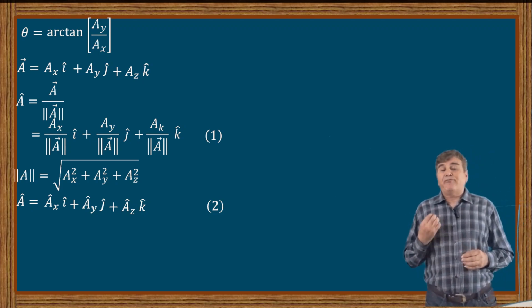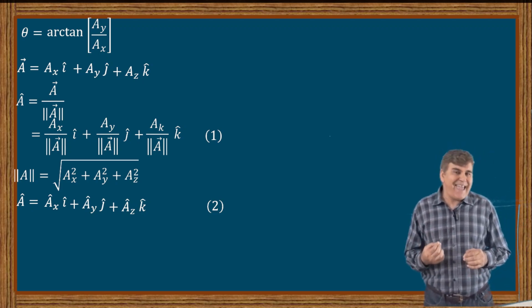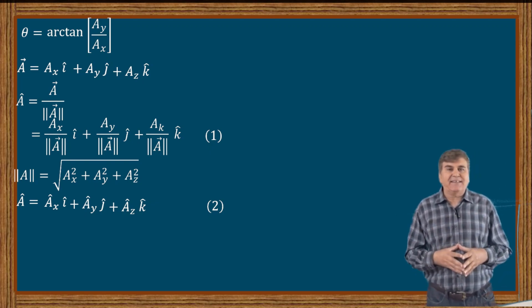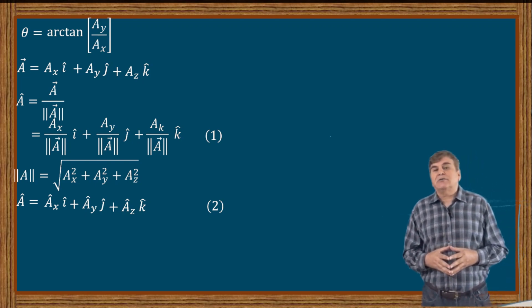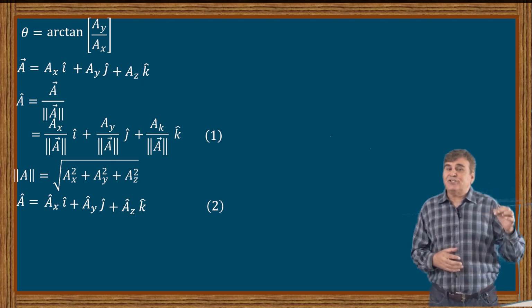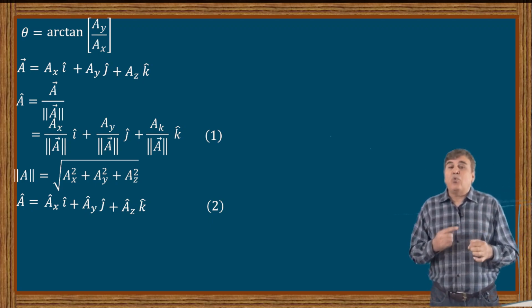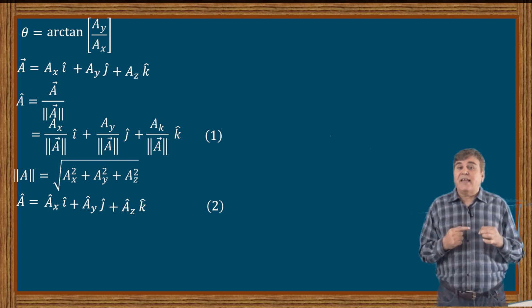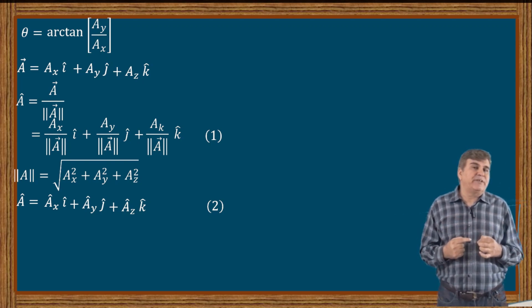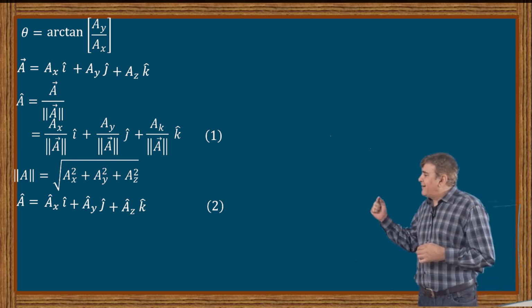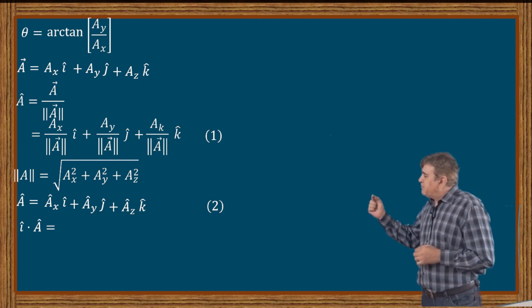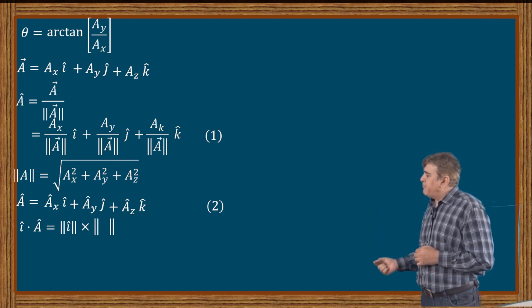From equation 2, we want to find the angles of the unit vector A along the x, y, and z axes. I can easily do that by taking the dot product of unit vector i, unit vector j, and unit vector k one by one with unit vector A. That is, if I take the dot product of unit vector i with unit vector A, I can write i dot A equals the magnitude of unit vector i times the magnitude of unit vector A times the cos of the angle between these two vectors.